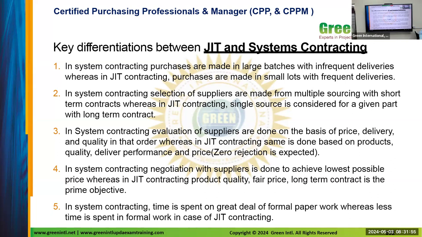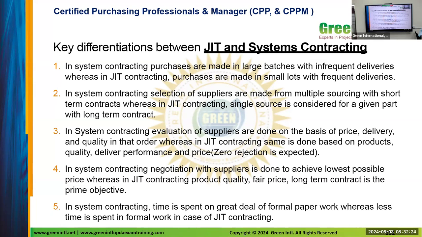It translates to delay in production, delay in dispatch, and finally the client will get upset and may cause a penalty to you. So that's the main evaluation criterion, the rejection level. The rejection may be based on quality or on packing or some other issues. Any kind of rejection will not be tolerated.